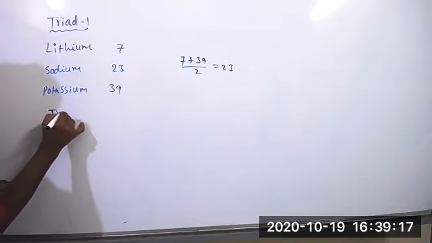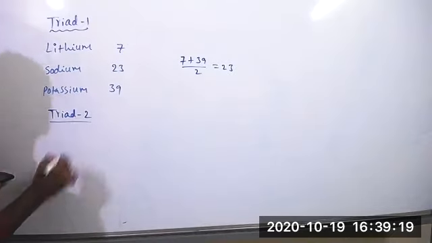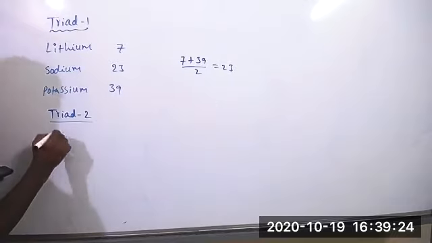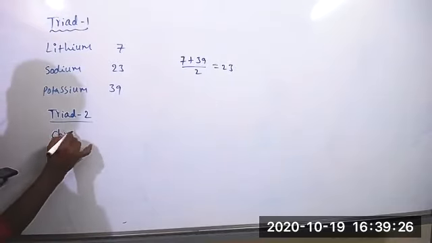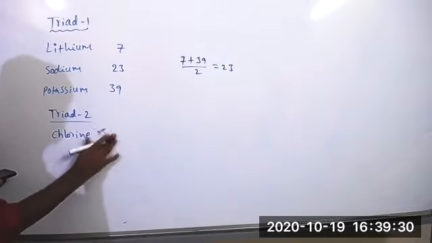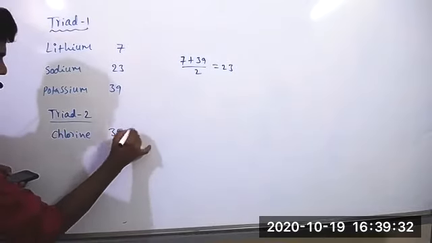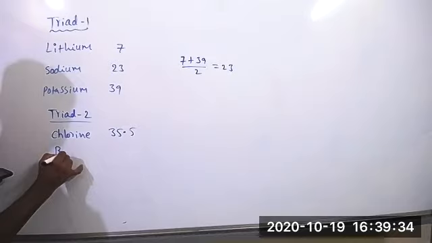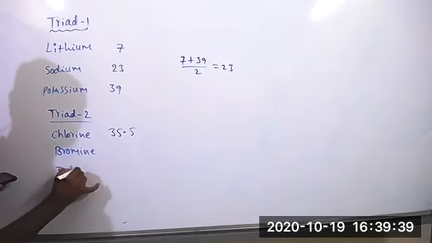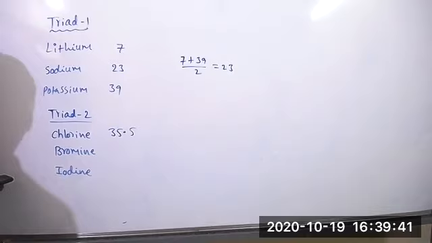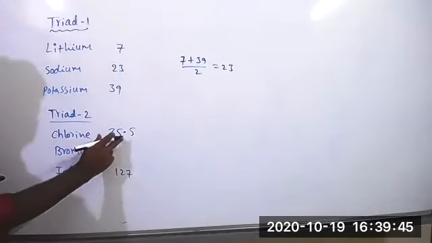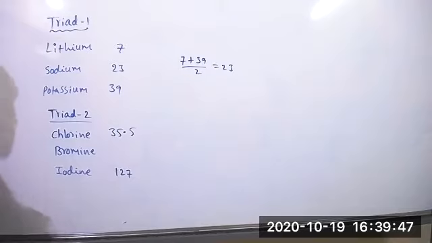Next, triad 2. The elements are chlorine, atomic mass 35.5, bromine, and iodine. Calculate the mean of these two, and that should be the atomic mass of bromine.